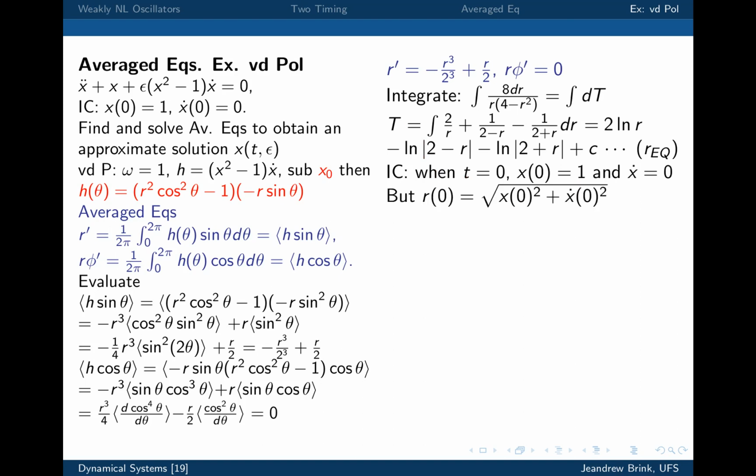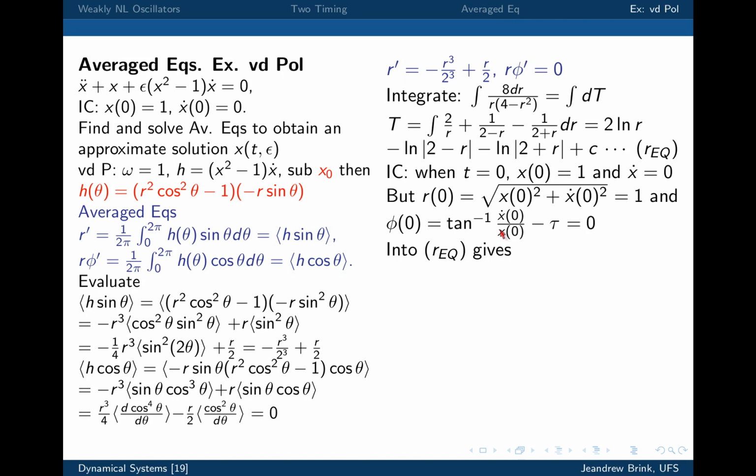What you're going to do now is you know that r of 0 equals the square root of x0 squared plus x dot of 0 squared, and so that equals 1. And you know that phi of 0 is tan inverse of x dot of 0 over x of 0, minus tau, and that equals 0.